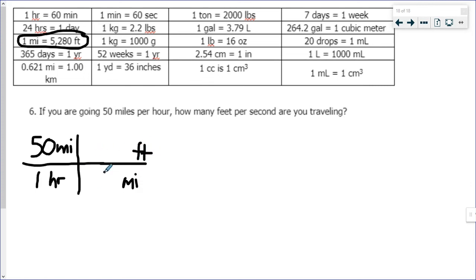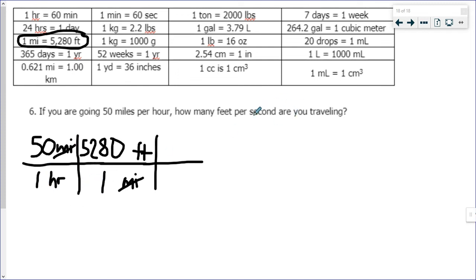And then I'm going to go back and put my numbers in. In 1 mile, there's 5,280 feet. So that takes care of my feet issue. Now, if I look at my cancellation, miles are gone, they've canceled out, and that's going to leave me in feet per hour.